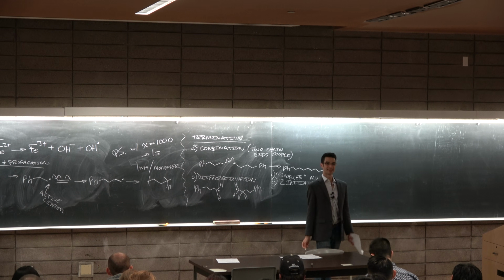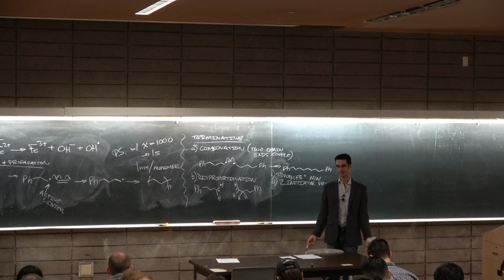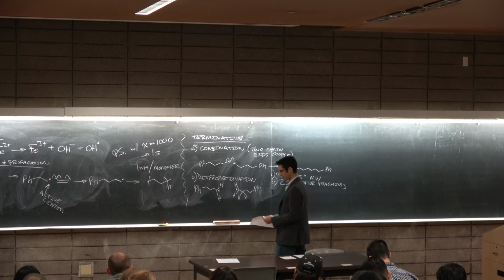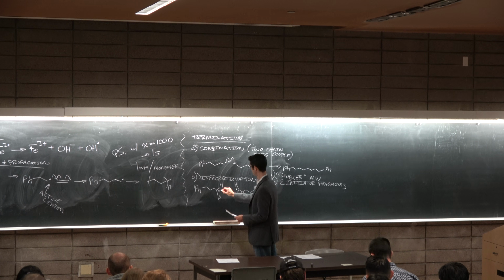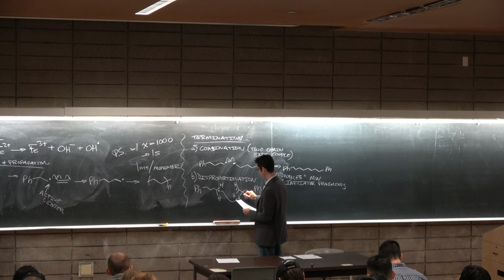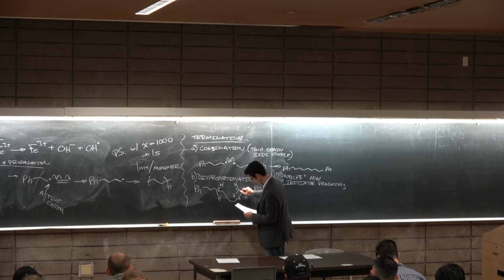Radicals also like double bonds a lot, but they also have an appetite for hydrogen atoms on CH bonds. So what you can get instead here, instead of combination, is that sometimes you can have what's called a hydrogen atom abstraction.